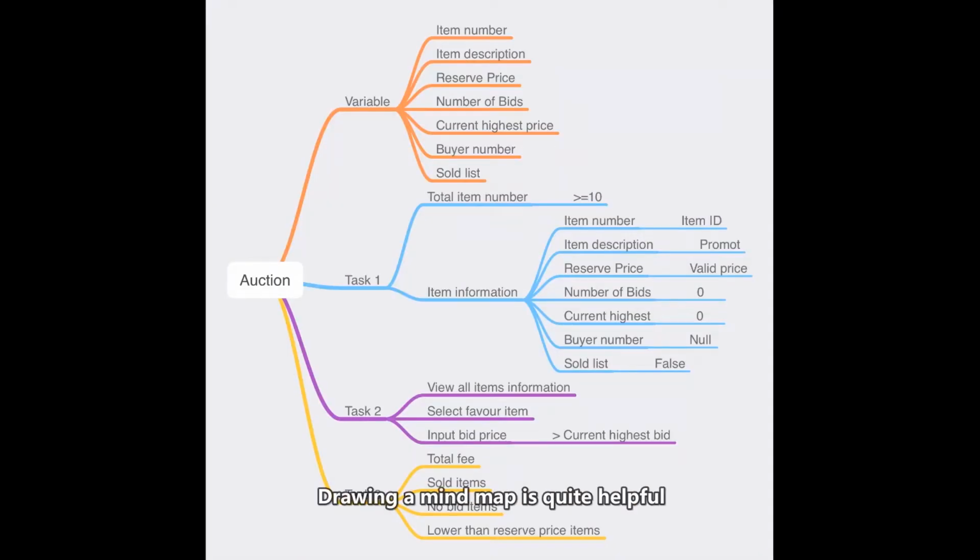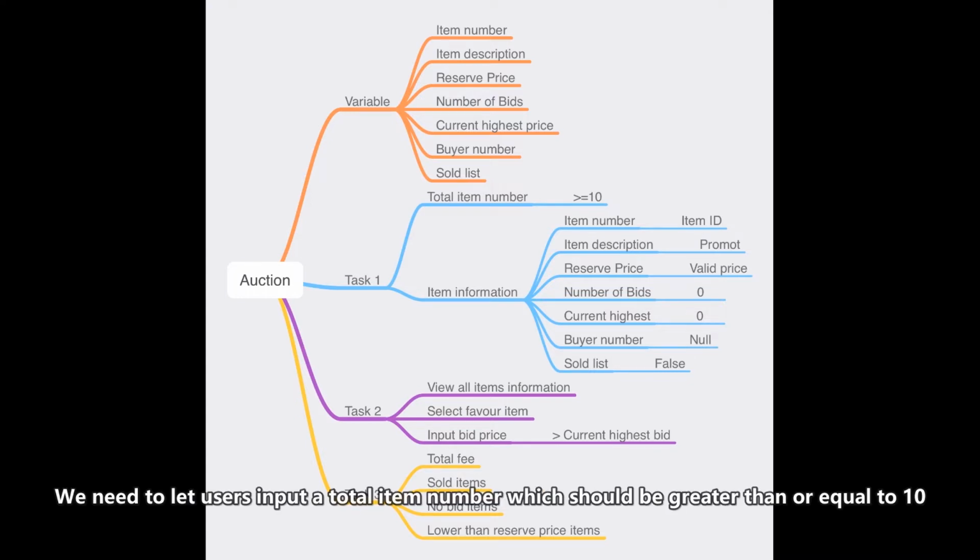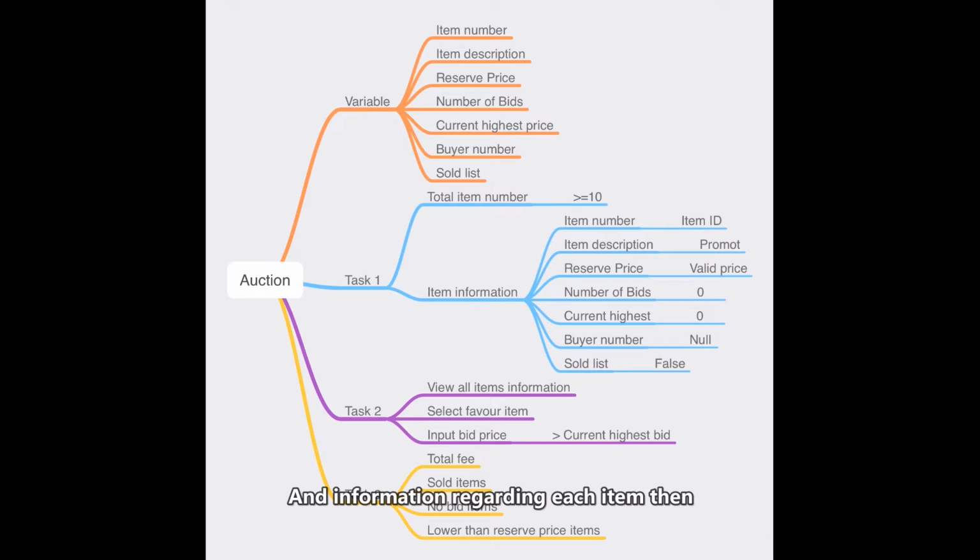Before programming, drawing a mind map is quite helpful. It helps us to comprehend the question and filter out redundant information so that we don't need to reread the question. First of all, we list the variables that we have already highlighted and analyze tasks 1, 2, and 3. In task 1, we need to let users input a total item number which should be greater than or equal to 10, and information regarding each item then.